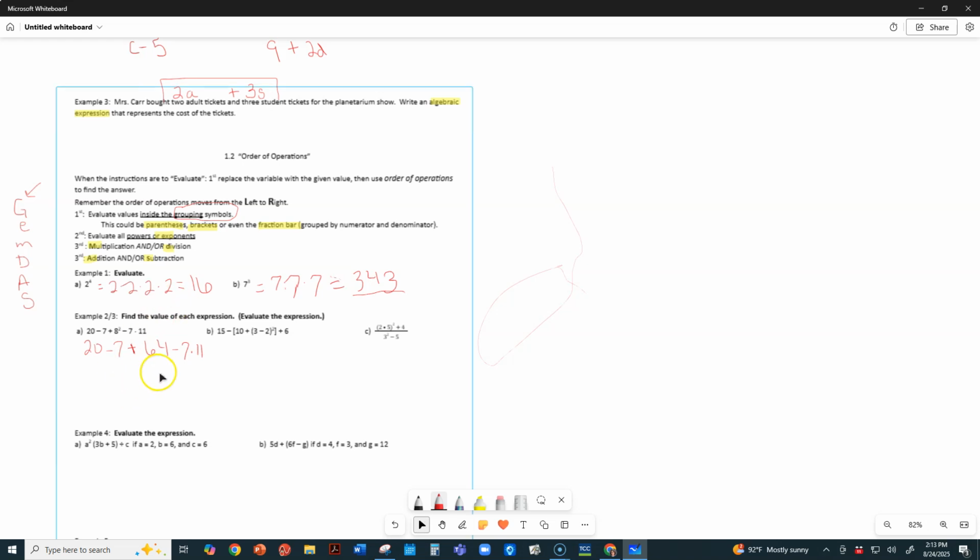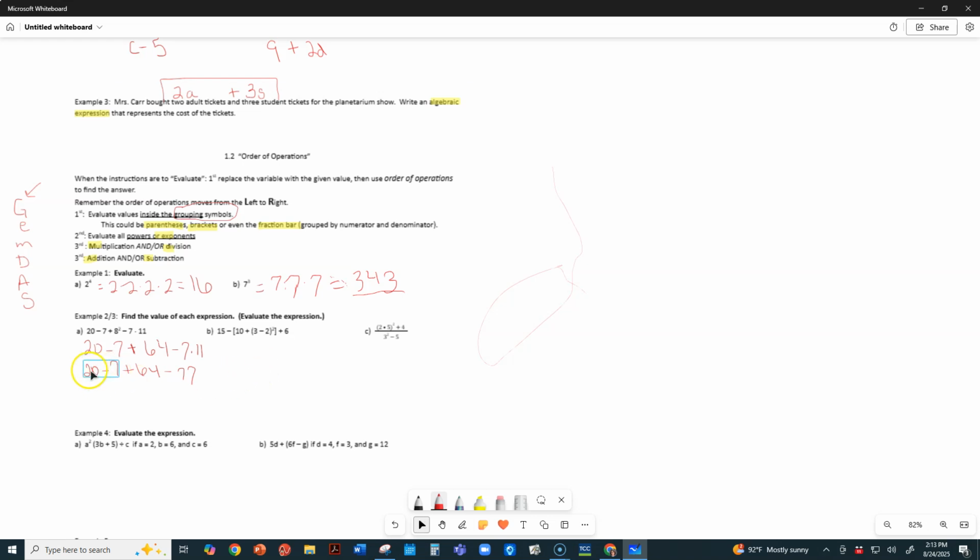Okay, so now we're going to do multiplication and division in the order that it appears. So subtraction, addition, subtraction, multiplication. So I've got to multiply 7 times 11. So that means 20 minus 7 plus 64 minus 77. Okay, in the order that it appears from left to right.